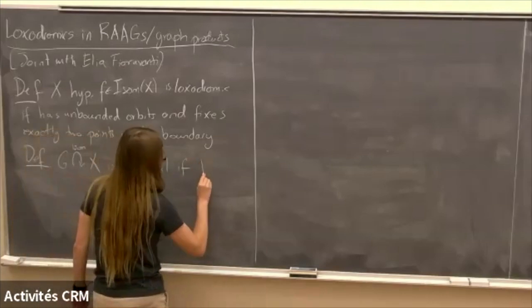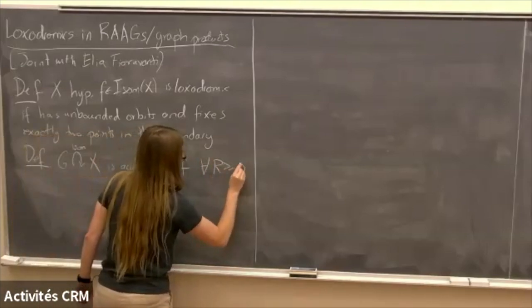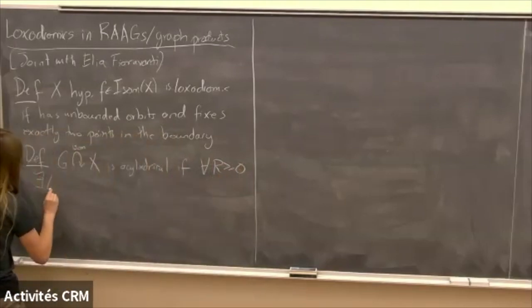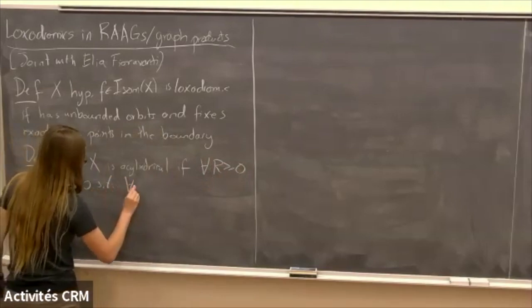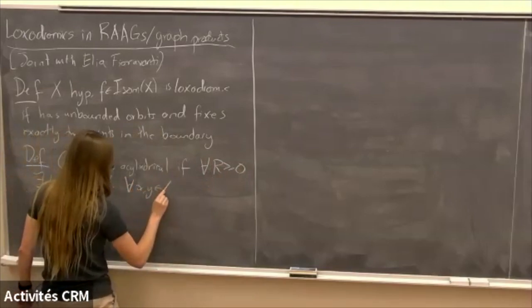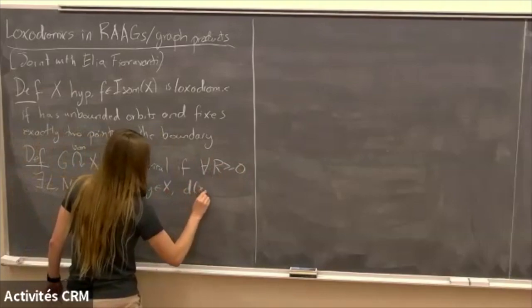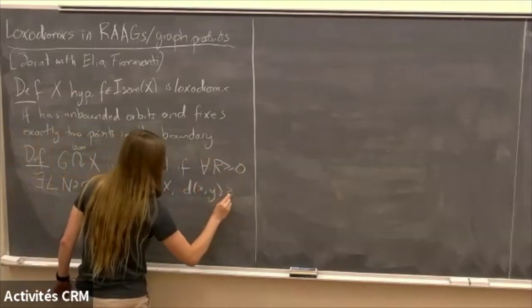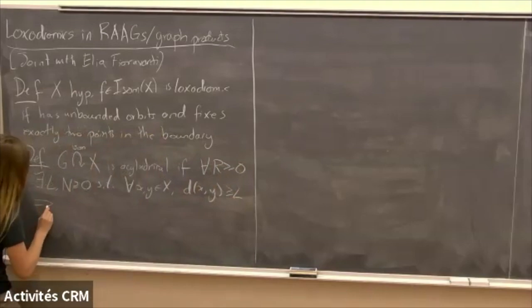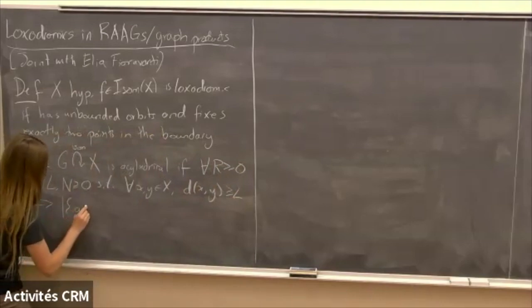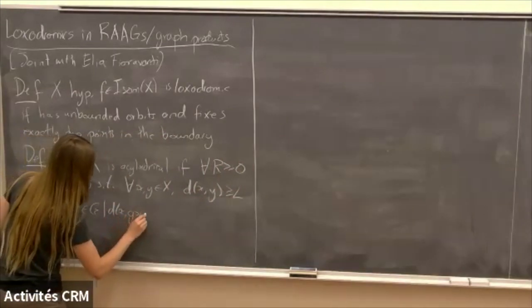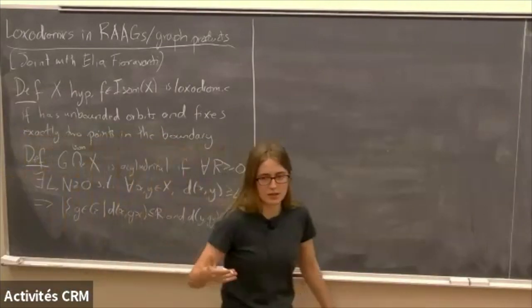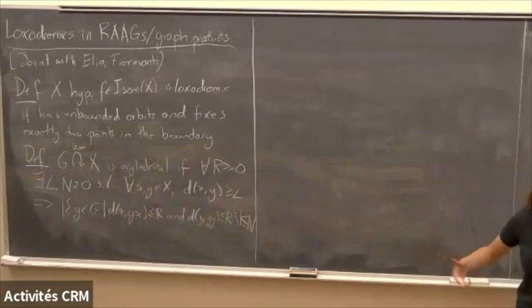So an action is acylindrical if for every constant r, there exist some other constants, L and N, such that for any 2 points in our space that are far enough apart, the number of group elements that almost stabilize both of these points at the same time is uniformly bounded. So basically, this is just some generalization of what it means to act properly on a space.